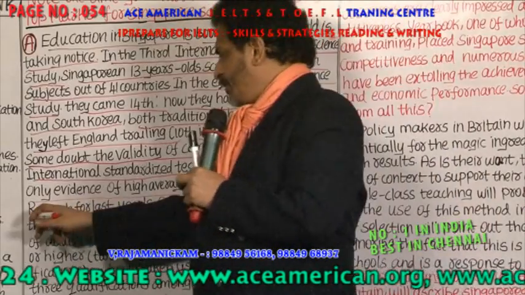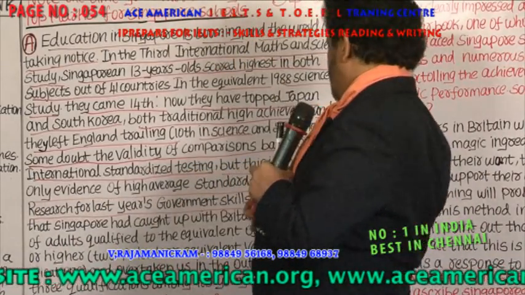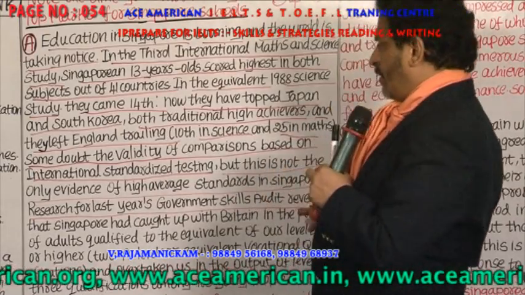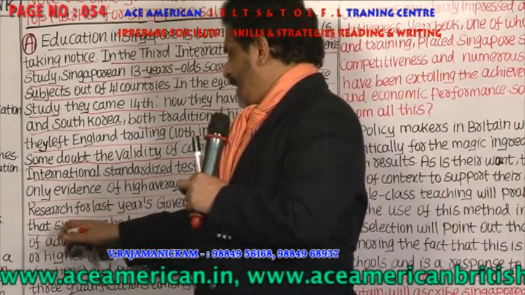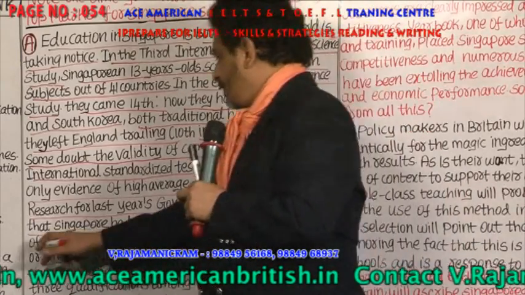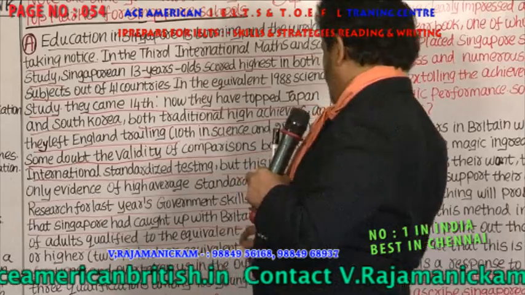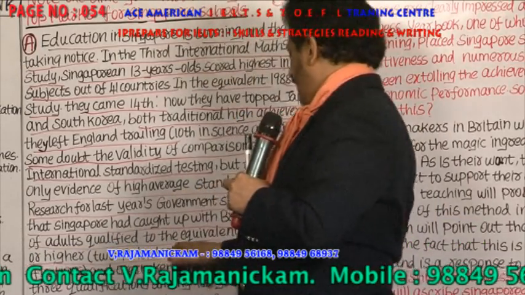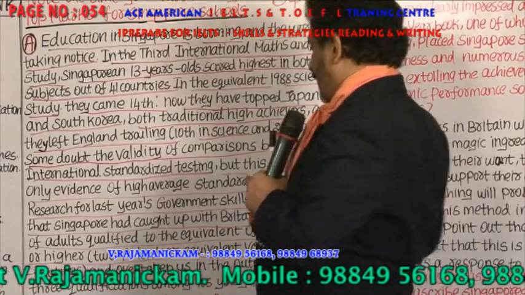Research for last year's government skills audit revealed that Singapore had caught up with Britain in the proportion of adults qualified to the equivalent of our level 3 or higher, or equivalent vocational qualifications.